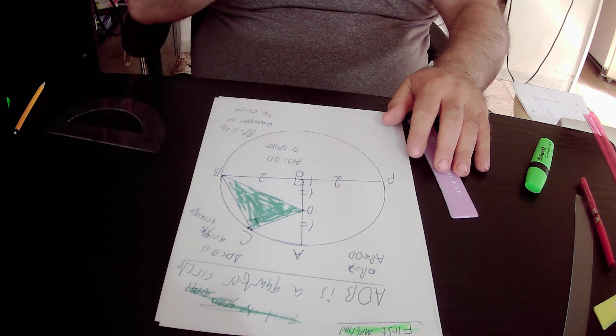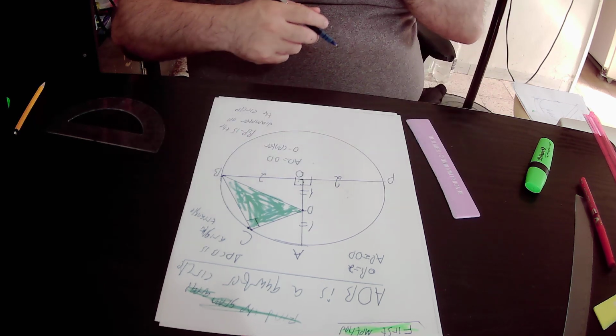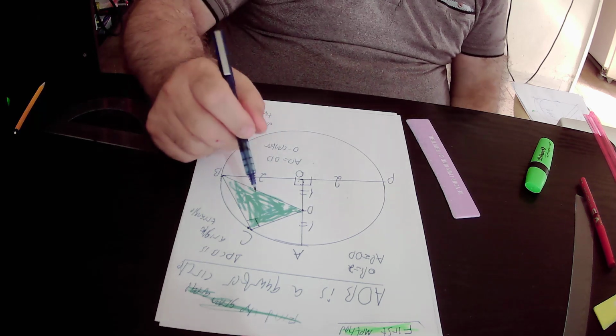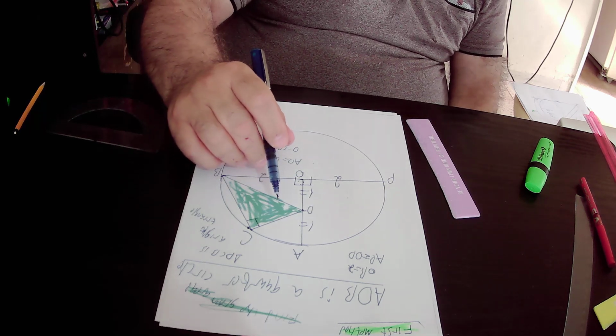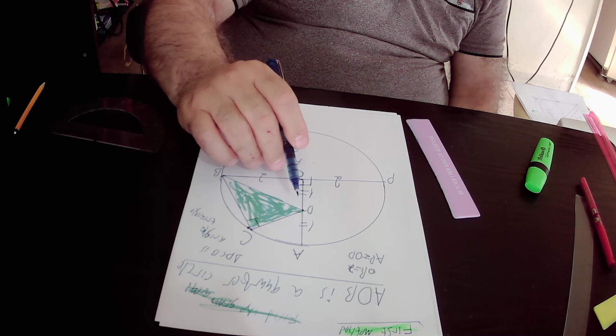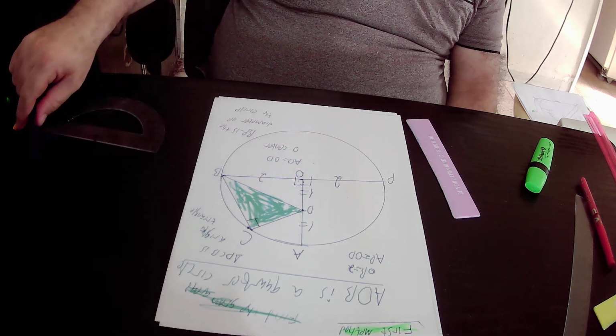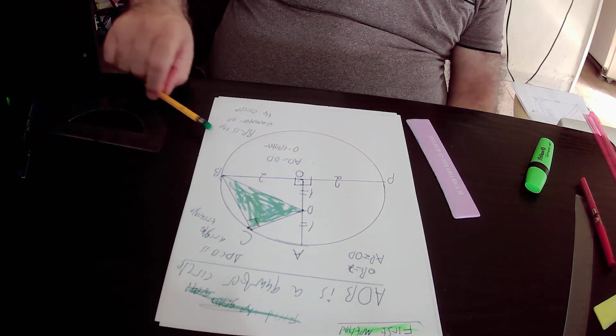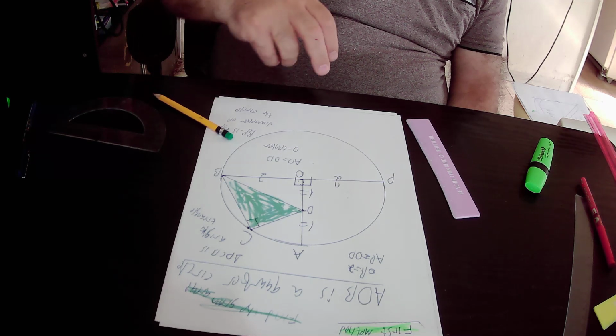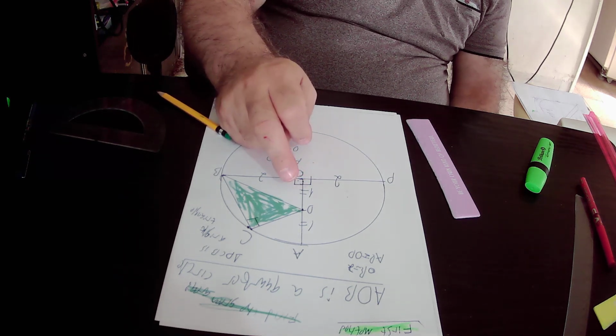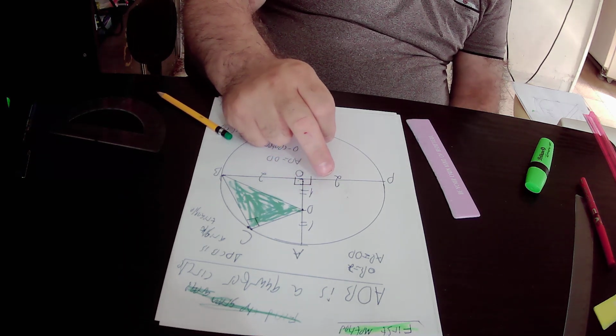Okay, in the next step we will extend side CD by a straight line until it touches the circle. We don't know where the extended line segment CD will touch the circle.